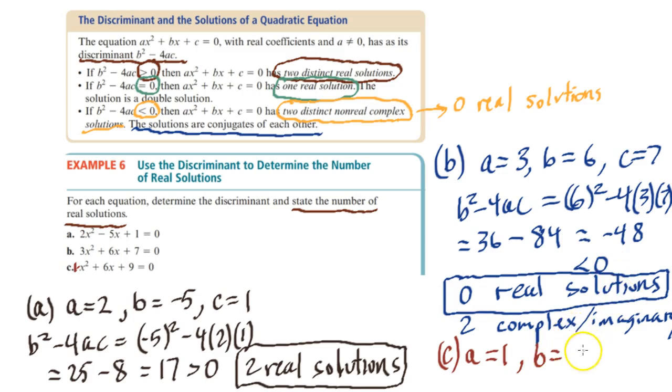And then b is 6, and c is 9. Go ahead and plug that into your b squared minus 4ac and see what you end up with. You either have two distinct solutions, one real solution, or two distinct non-real complex solutions, which is 0 real solutions. All right, let me know if you have any concerns.